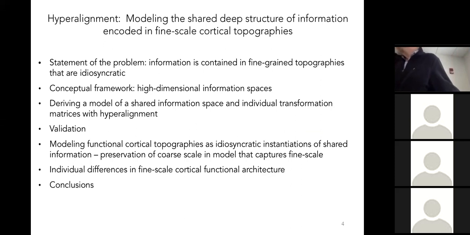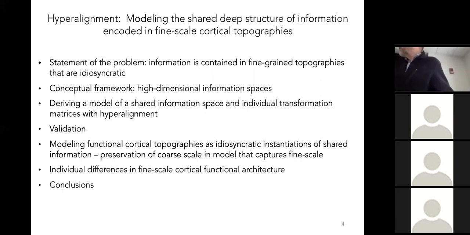And then how do we derive a model of a shared information space? And then we need transformation matrices so that we can take any individual subject's data space, anatomical data space, and project it into the shared information space, or take information that's in the shared information space and project it into any individual subject's idiosyncratic topography, to see what it would look like in that subject's brain.